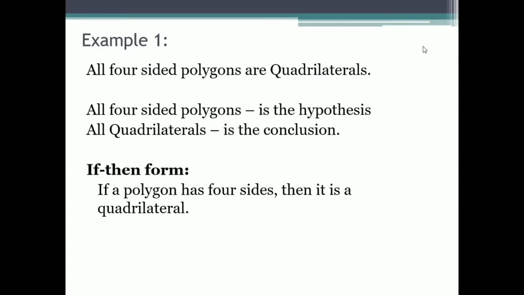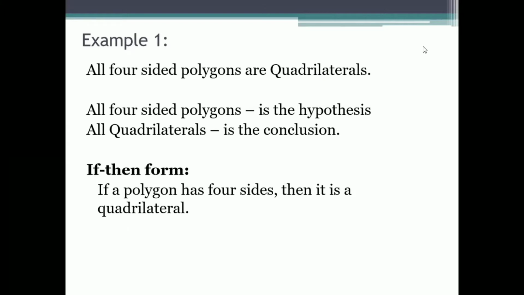So I have here an example. All four-sided polygons are quadrilaterals. Our hypothesis here is all four-sided polygons, and the conclusion, all quadrilaterals. So our conditional statement, or the if-then form, we are going to write first our hypothesis.